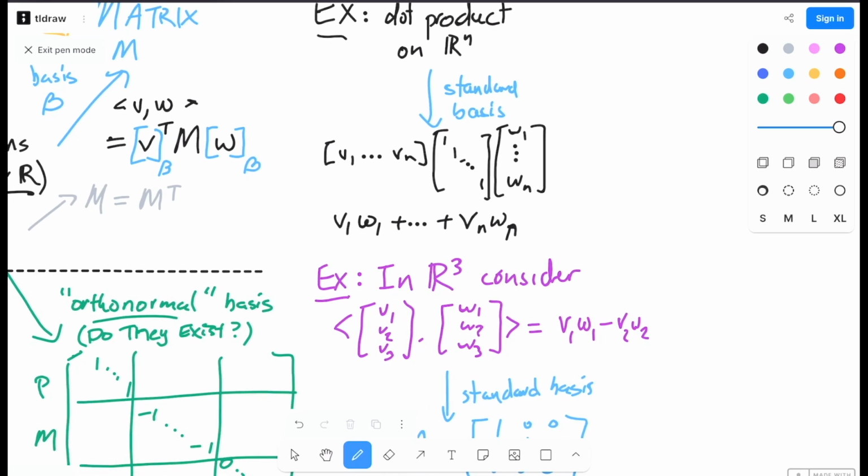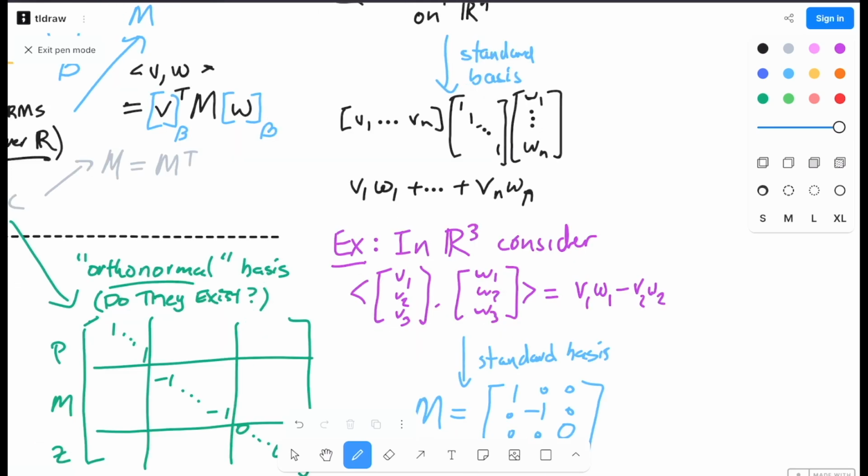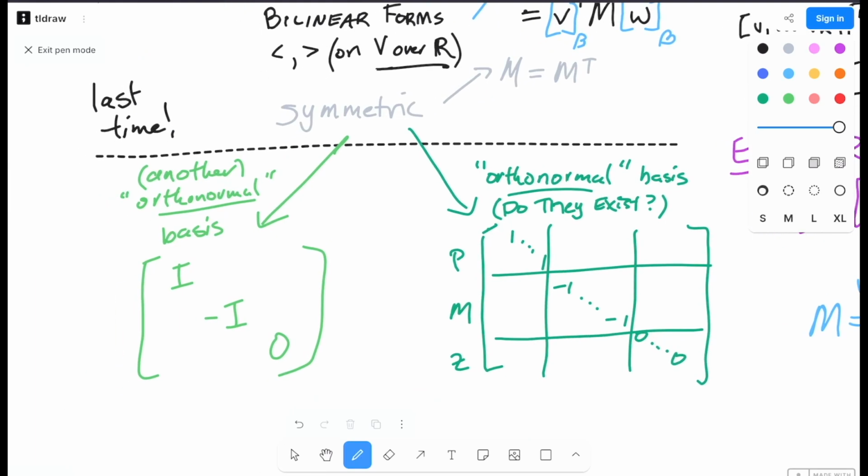You shouldn't be able to convert a positive one to a minus one, but it's not so clear. So in principle, by choosing a different orthonormal basis, you could get different sizes of blocks here.